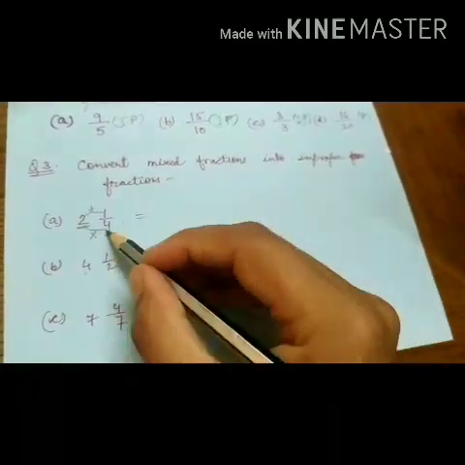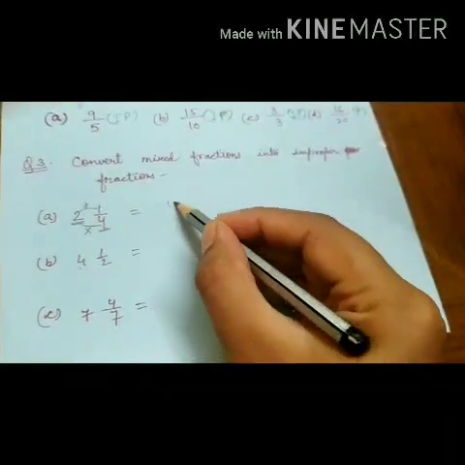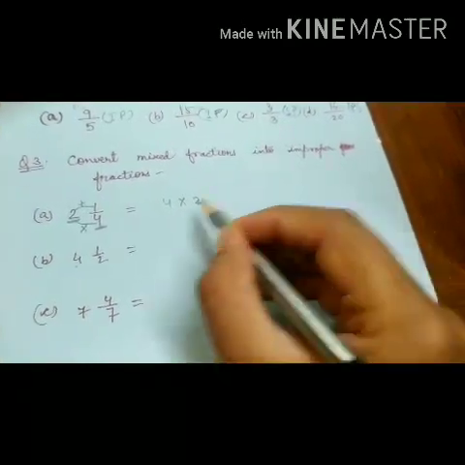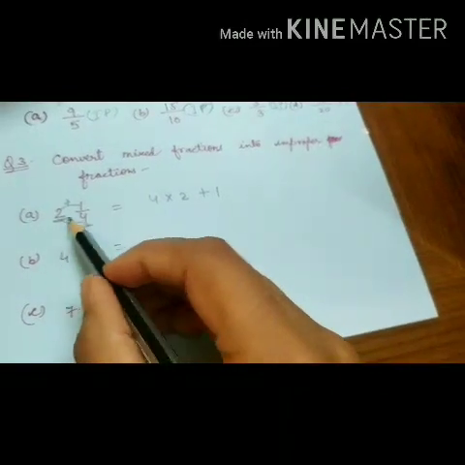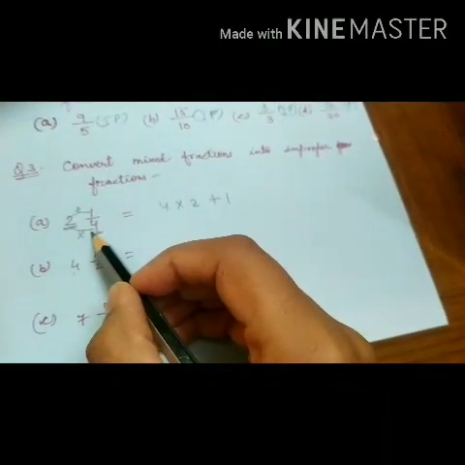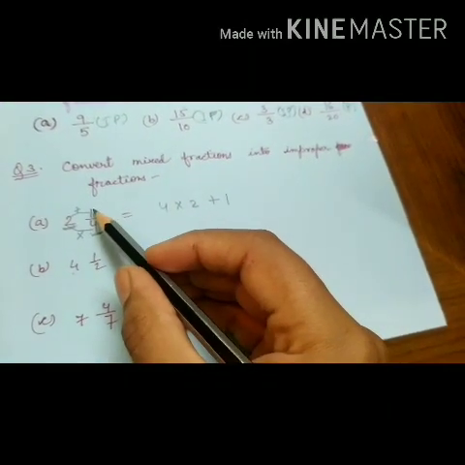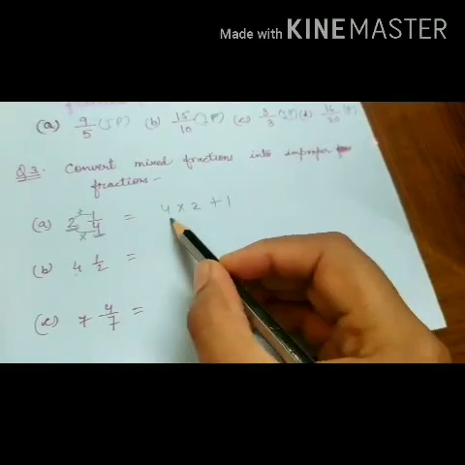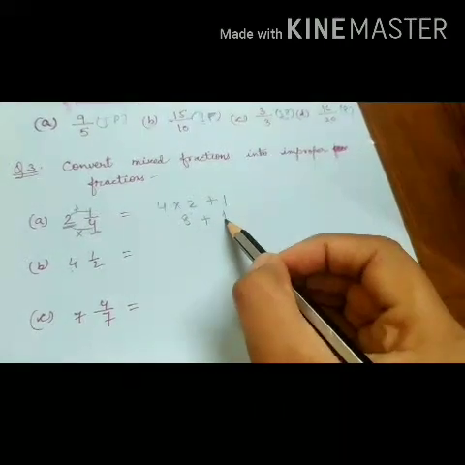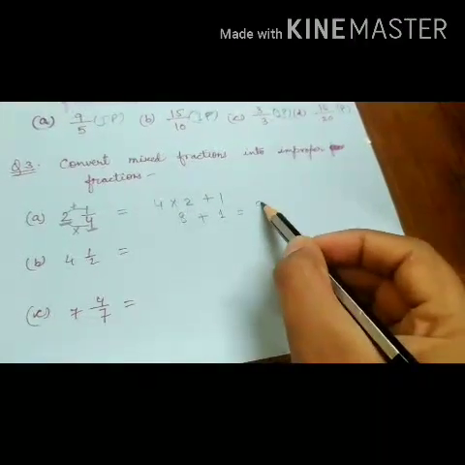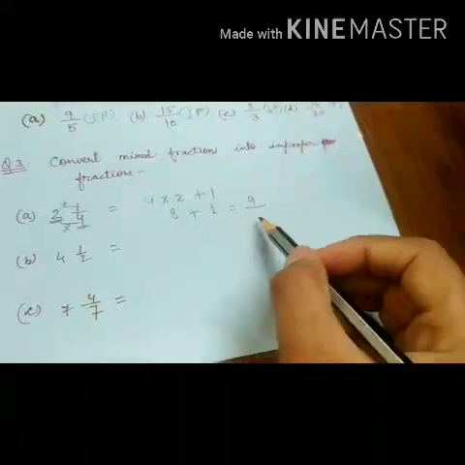Like it is 4 2s, so we will do 4 multiplied by 2 plus 1. These two numbers will be multiplied and we add the numerator. So 4 2s are 8 plus 1, it means 8 plus 1 is 9, and 9 by 4.